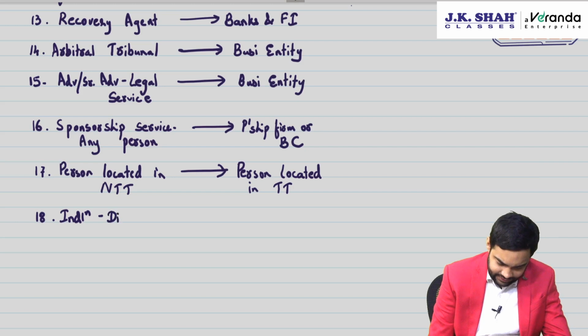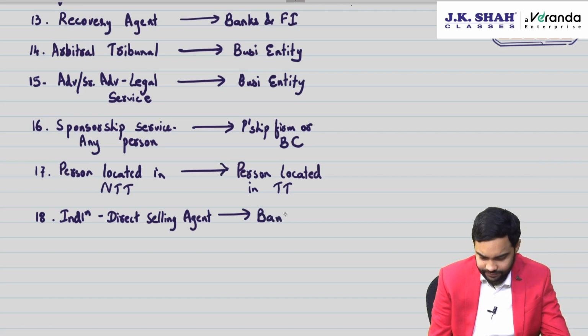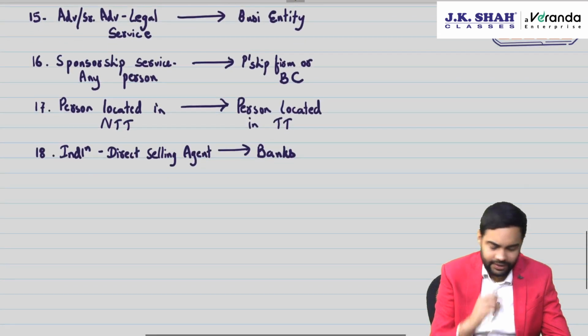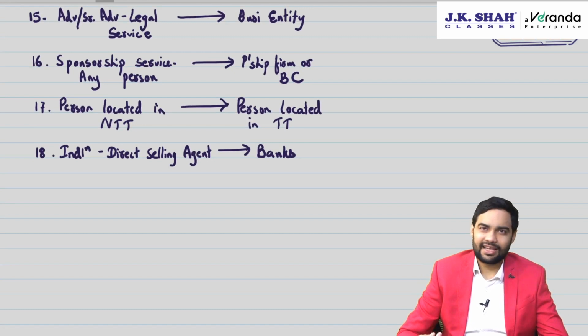Then we have individual direct selling agent, providing service to banks. Basically, these individual direct selling agents are marketing agents who call on behalf of the banks and try to sell banking products like loans or any kind of credit card, debit card.